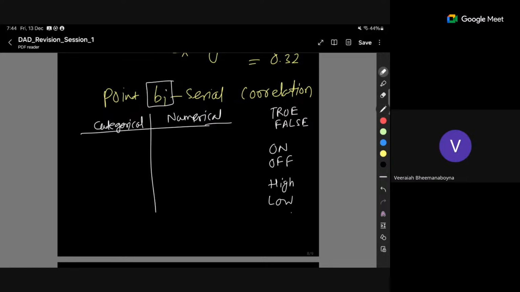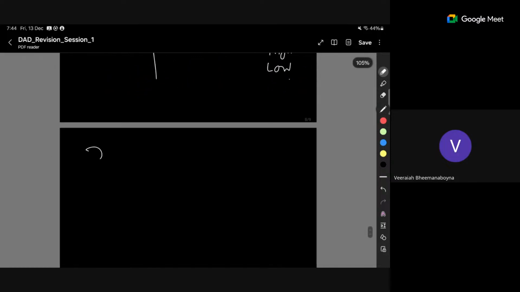So what we are going to do for this is represented like this, point biserial.